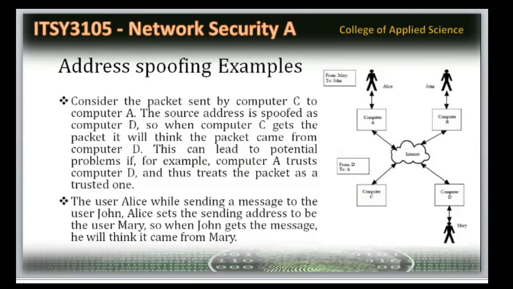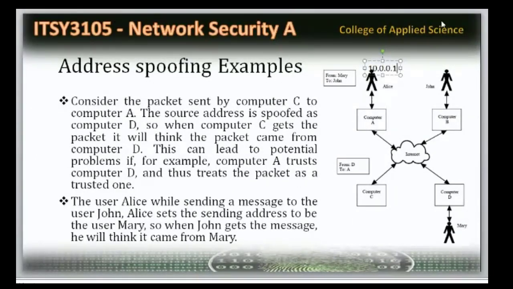Now you can see there are users available: Alice, John, Mary, three users. They are using names, but I will give the IP addresses. The IP address of the first person is 10.0.0.1.